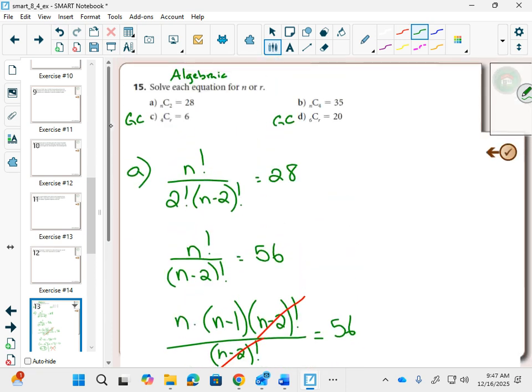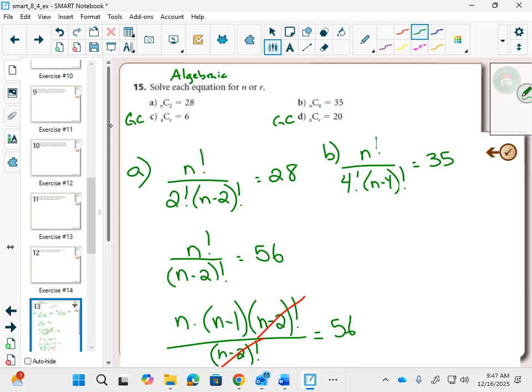But in B, this has a mix. B is going to be a mix of algebra and guess and check. Logical guess and check, I'm going to put it. Okay?